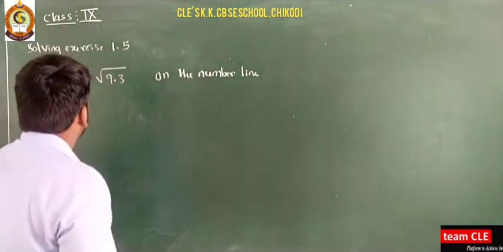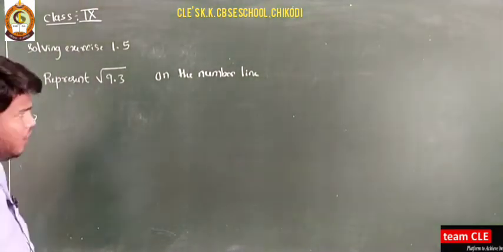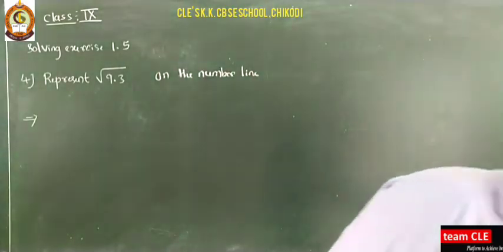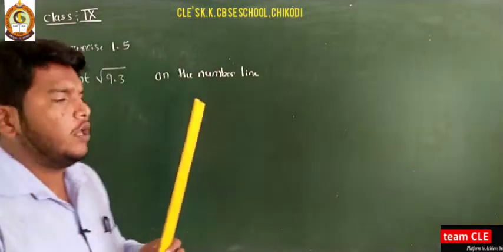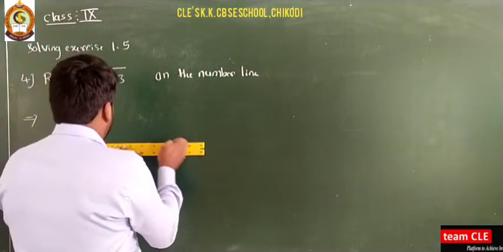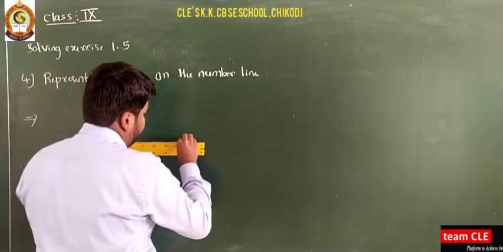So you already know root 9.3. First of all, take your ruler and mark from 0 to 9.3.